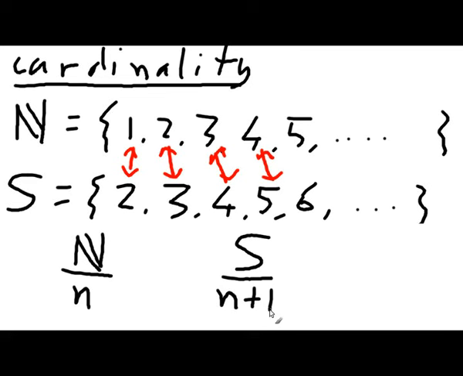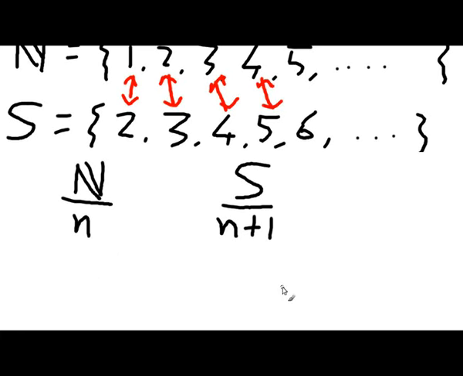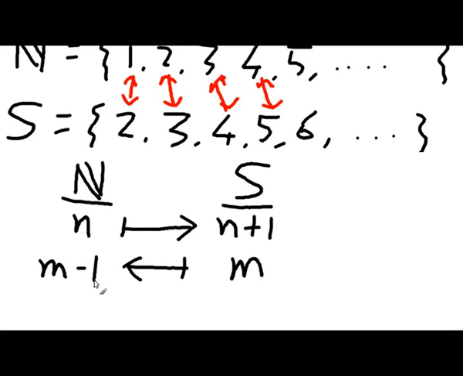So 1 is being paired up with 2, 2 is being paired up with 3, so it's n plus 1. So that's the correspondence. Likewise, if I have an element m in my set S, it can be paired up with m minus 1 in the set of natural numbers, right?